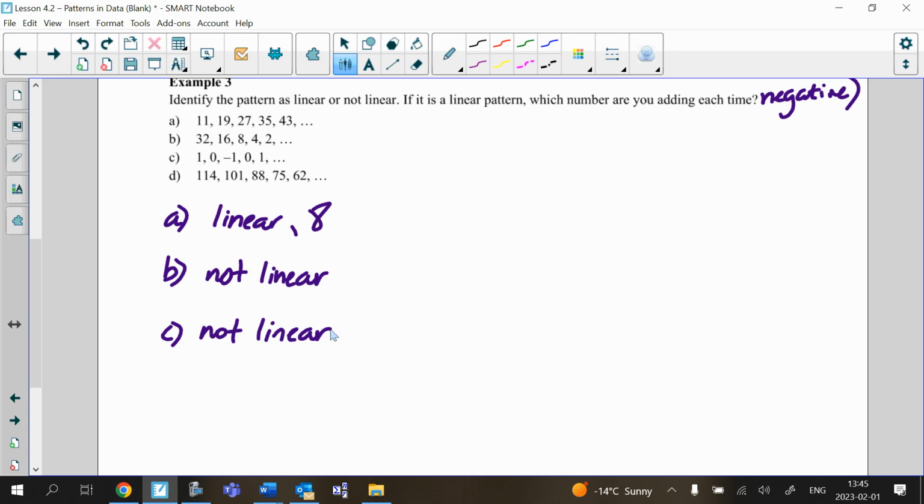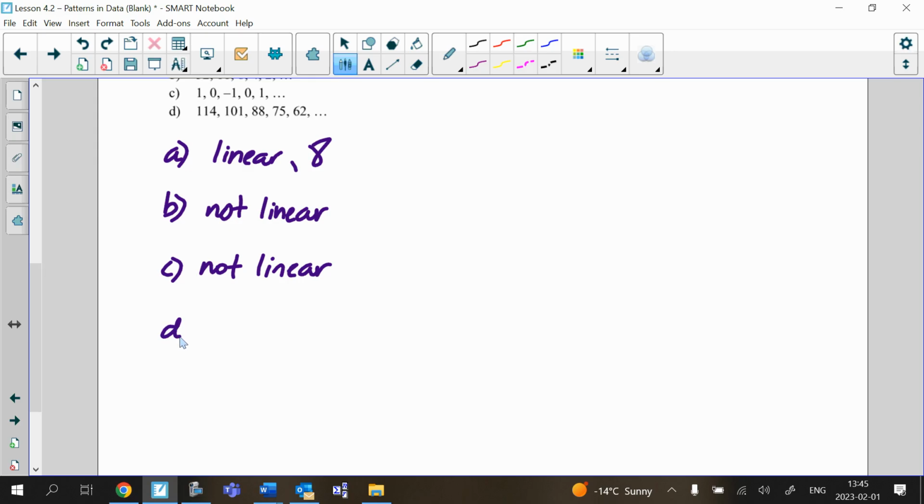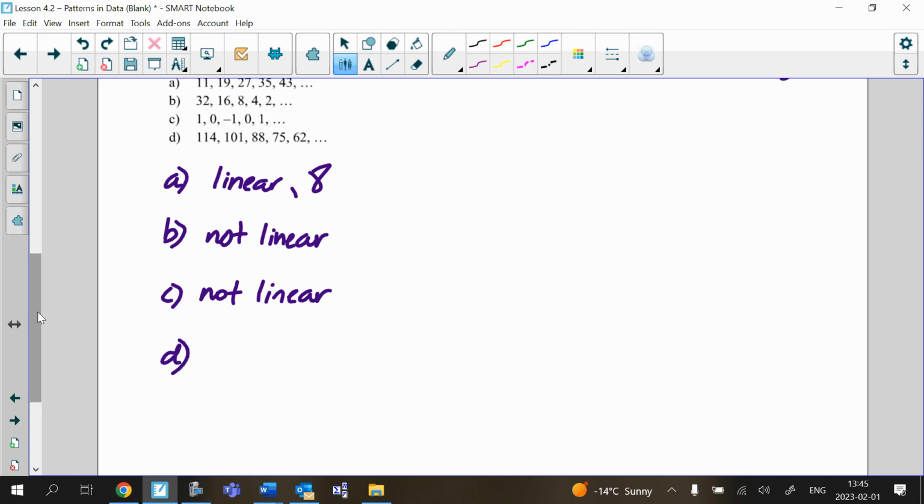And that happens: 101, negative 13 gives me 88, negative 13 gives me 75, which gives me 62. So that one's linear, and we add negative 13. I know it sounds weird to say it goes up by negative 13, so I should say we add negative 13. Otherwise it's too confusing.